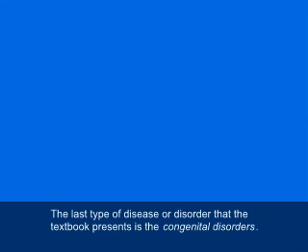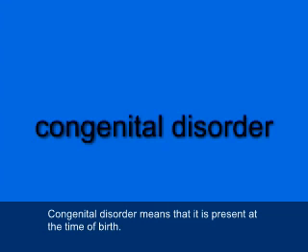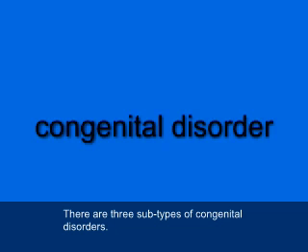And the last type of disease or disorder that the textbook presents is the congenital disorder. Congenital disorder means that it's present at the time of birth. There are three subtypes of congenital disorder.